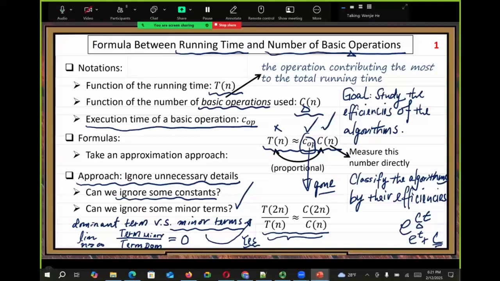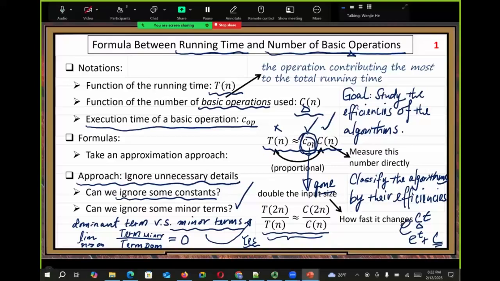So this is some property, a property we can observe. Based on this understanding, this also simplified the original formula a little bit, because this C constant is not important anymore.